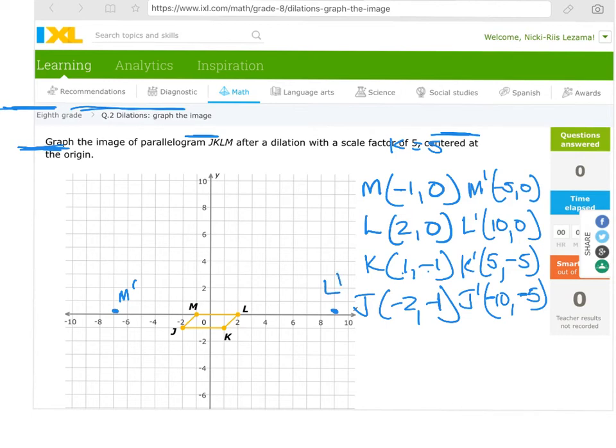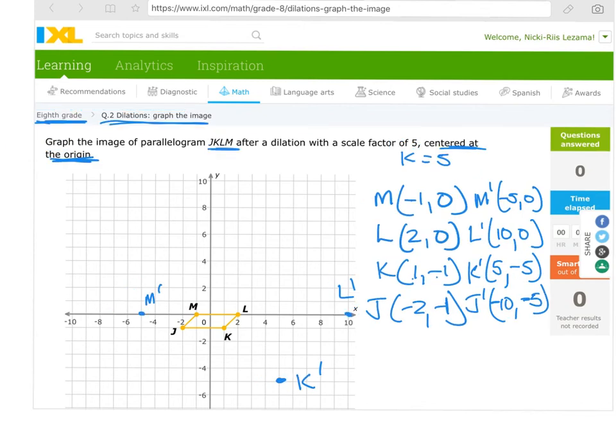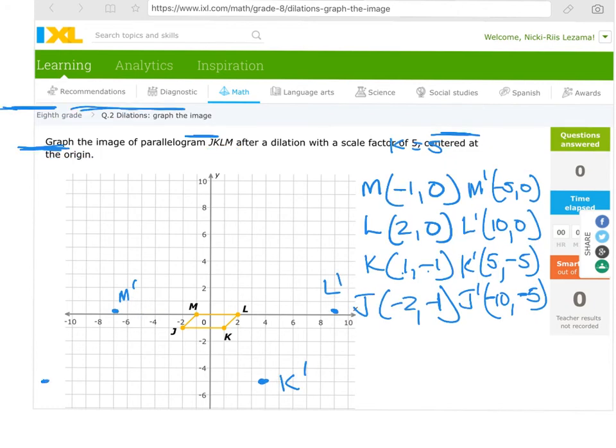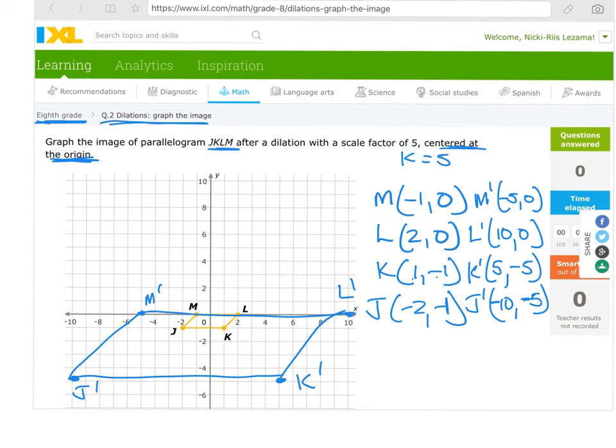We are looking for 5, minus 5, and that gives us K prime, and we're looking for minus 10, minus 5, and that will give us J prime. On observation, we can see that the two shapes are similar, as in they have the same angles but different lengths. So more than likely we are correct.